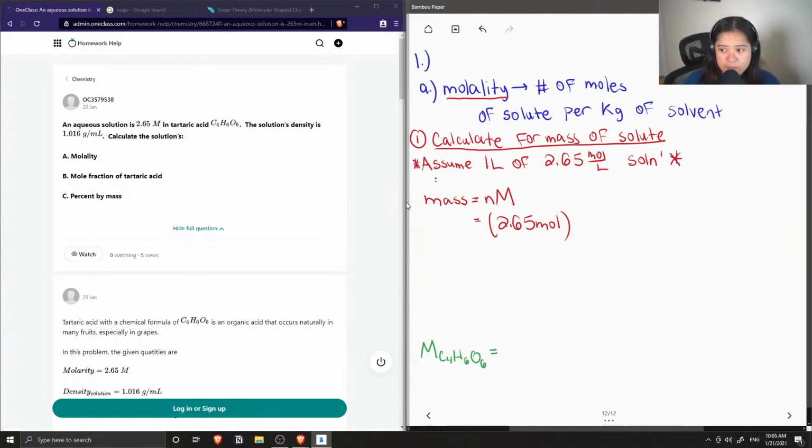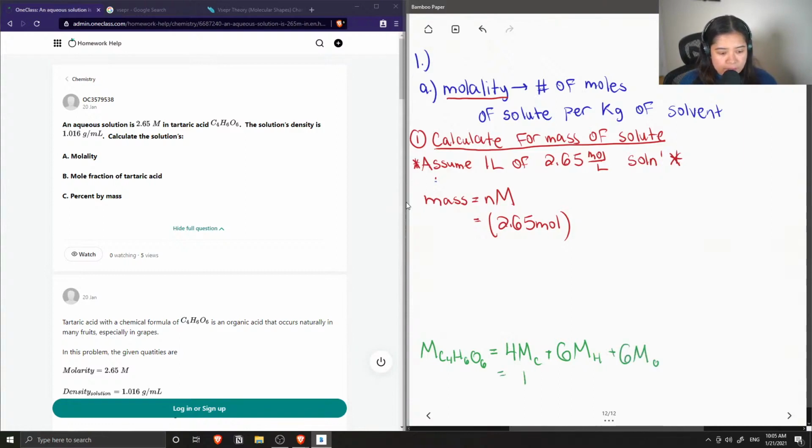To find its molar mass, we just need the atomic masses of all of the atoms involved, and it's going to be equal to 4 times the molar mass of carbon, which you can just find on the periodic table, plus 6 times the molar mass of hydrogen, plus 6 times the molar mass of oxygen.